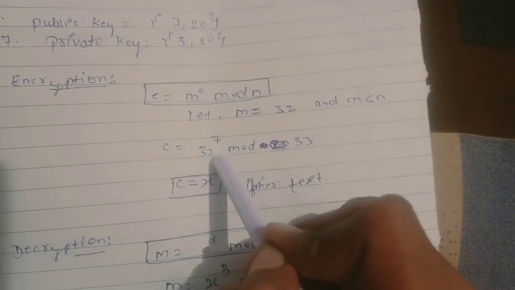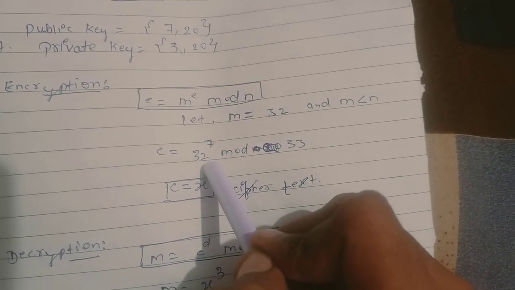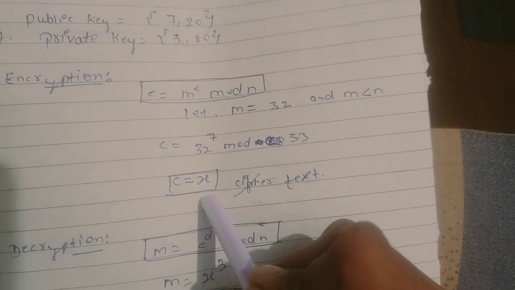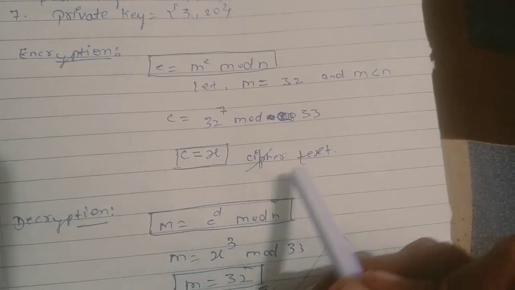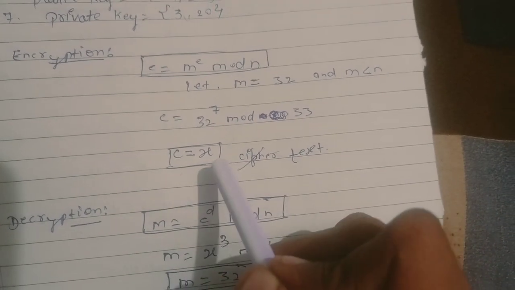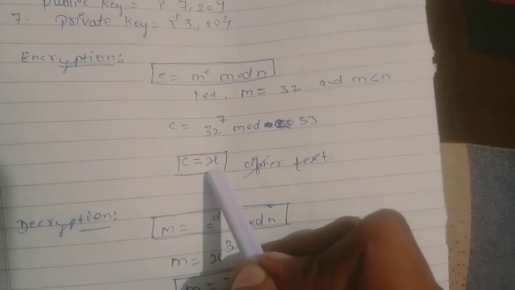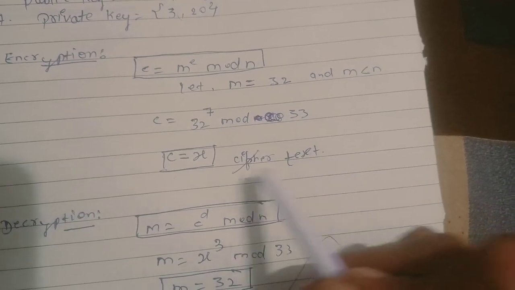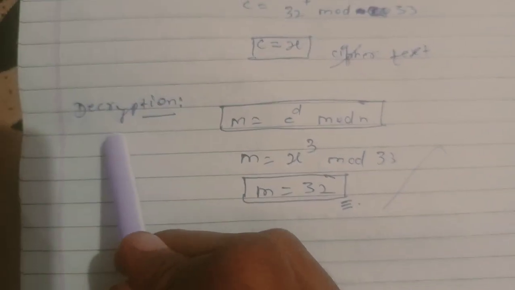So I assume that whatever this value gives, we take as x. Now x is our ciphertext, and we are going to send x as the ciphertext to the receiver.